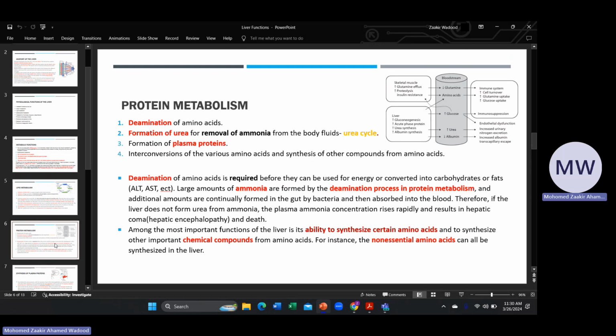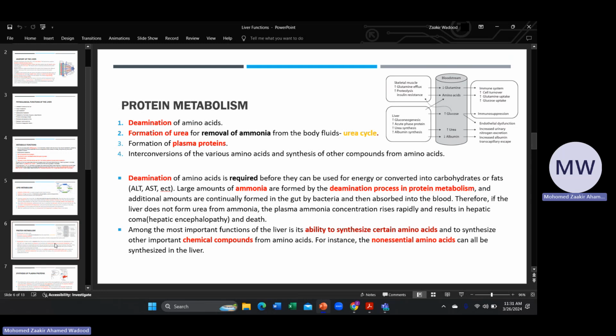Another very significant function of the liver is the production of plasma proteins for many different reasons. One good example is albumin, as it maintains the oncotic pressure and helps in fluid retention. Also quite important is the interconversion of different amino acids and synthesis of other substances from the amino acids.